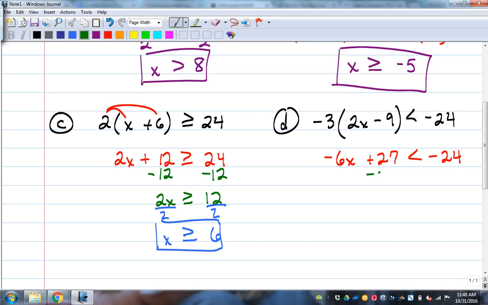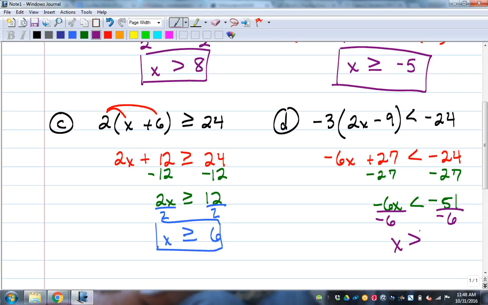And then subtract 27. It'd be negative 51. Is that right? And then divide by negative 6. All right, so negative 6 and negative 51, flip the symbol and reduce that fraction, because 6 doesn't go into 51 evenly.